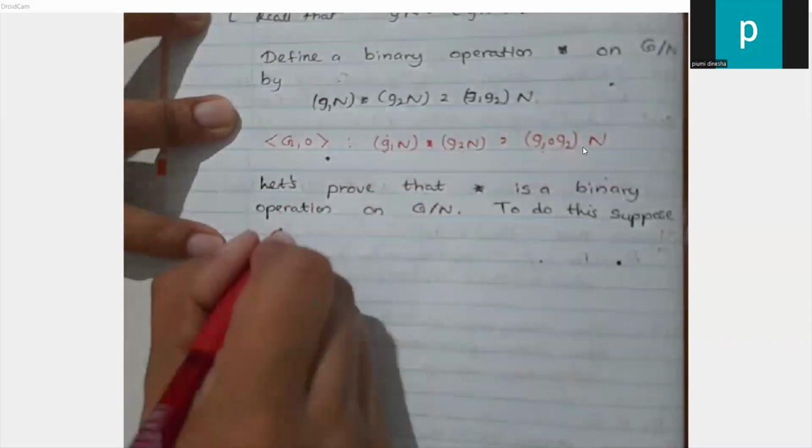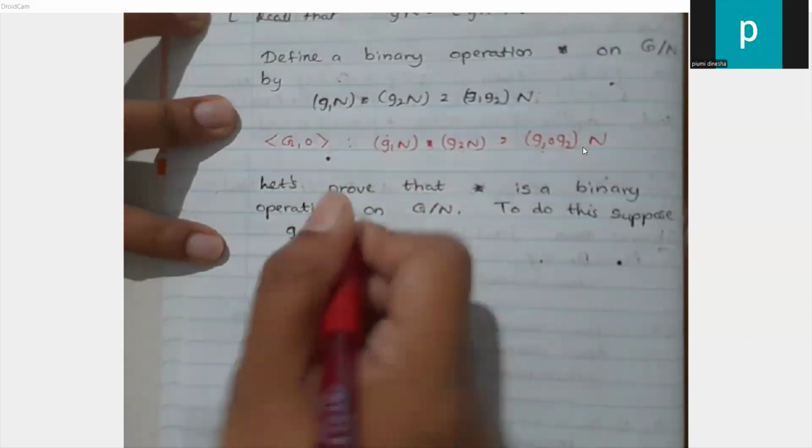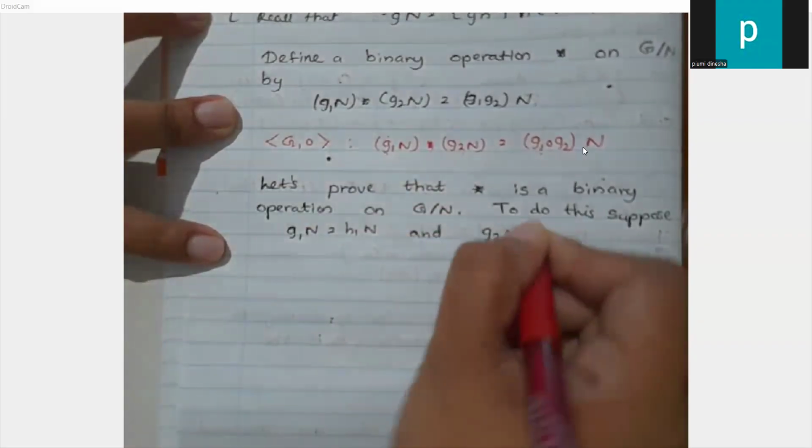To do this, suppose g1N is equal to h1N and g2N is equal to h2N. Why have I taken these two equalities over here?